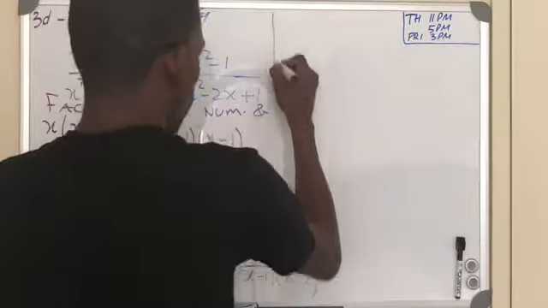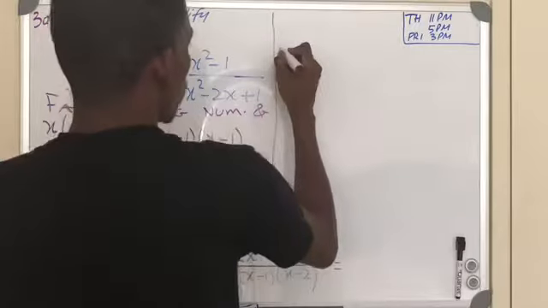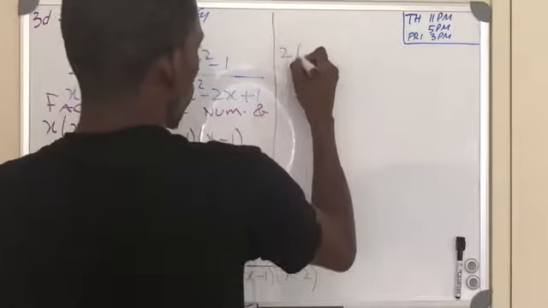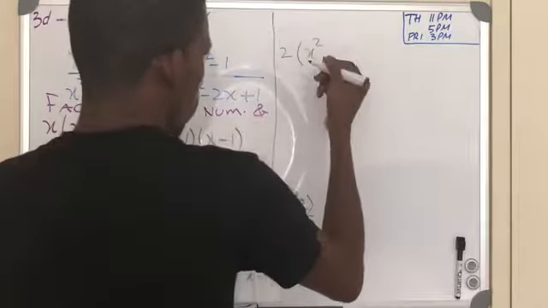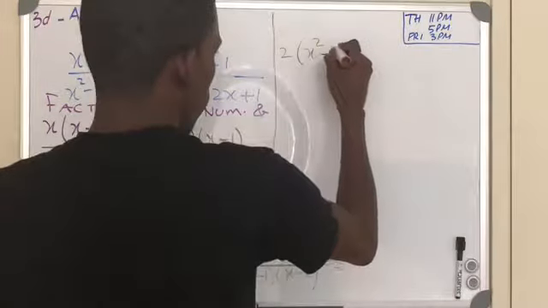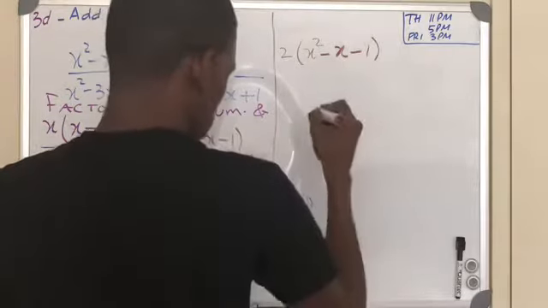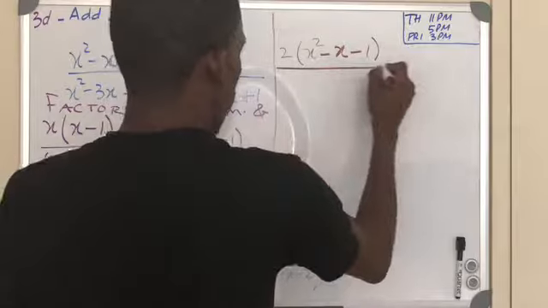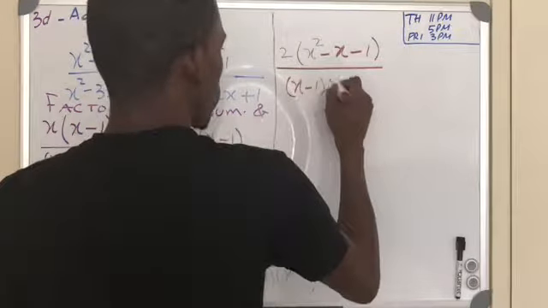Okay, so that would equal 2 times x squared minus x minus 1, divided by x minus 1 times x minus 2.